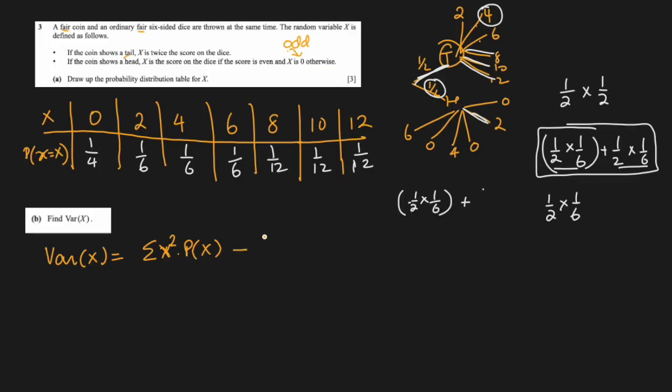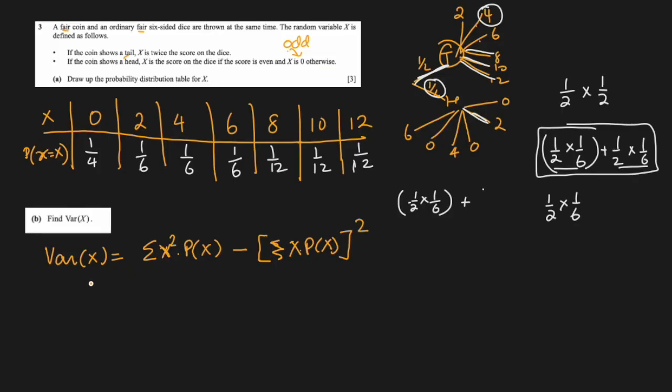Minus the square of the expected value of X, and for expected value we write sigma x times p(x), no square in this one.